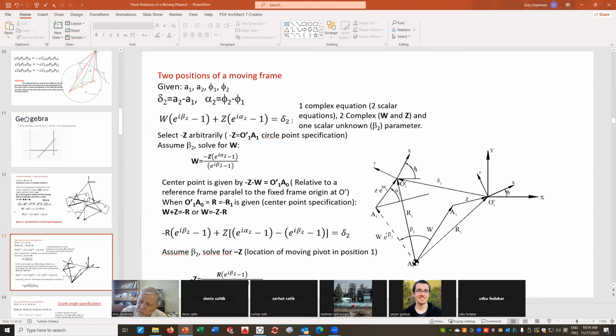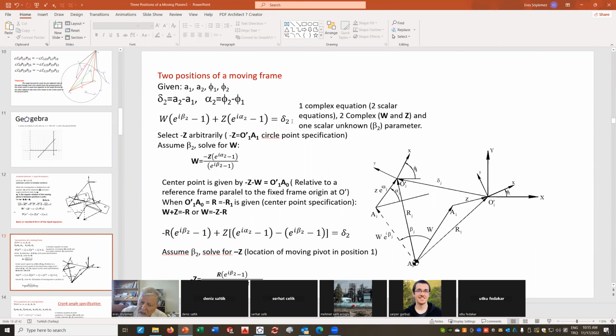That's what we had for 2 positions of a moving frame. Remember, we were able to select A, B infinitely many ways. Selection of A requires 2 parameters, right? And then we were able to select A0 on the perpendicular bisector. It required 1 parameter, 3 parameters.